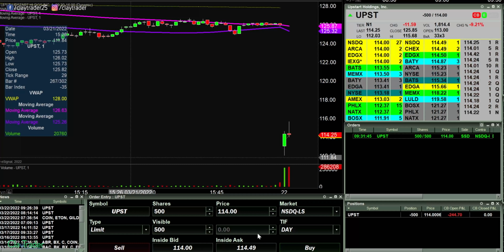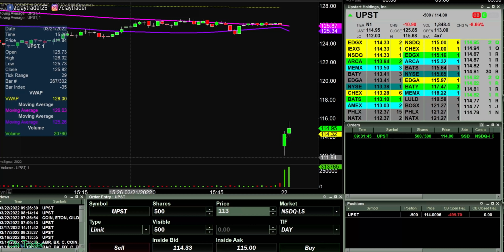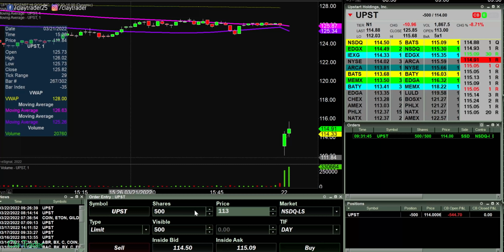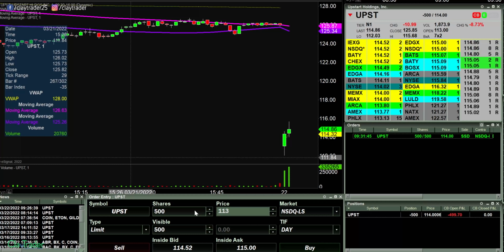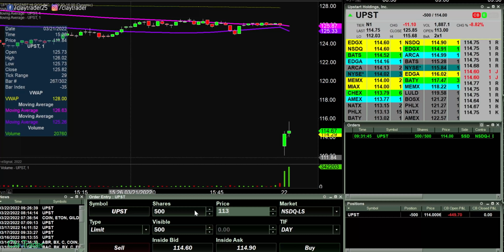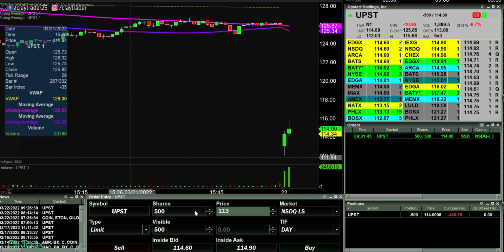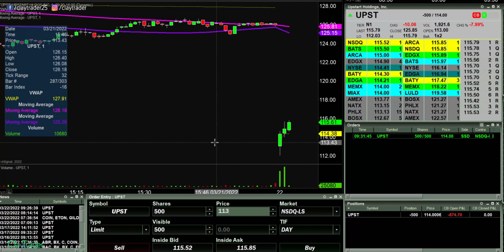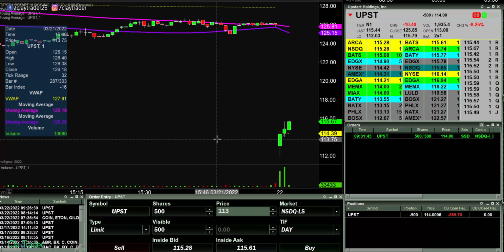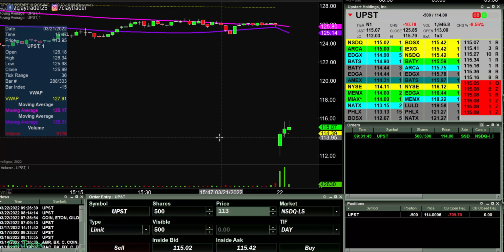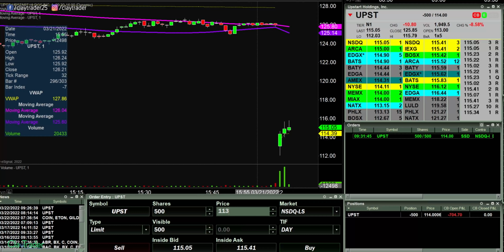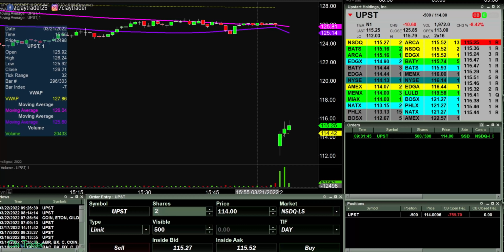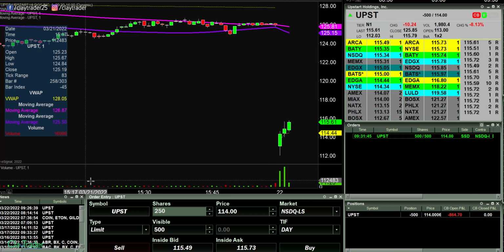In there at 114. So let's see if this thing does indeed want to break down here. Maybe we'll look to add more at 114, and I will actually. Assuming 114 comes into play.